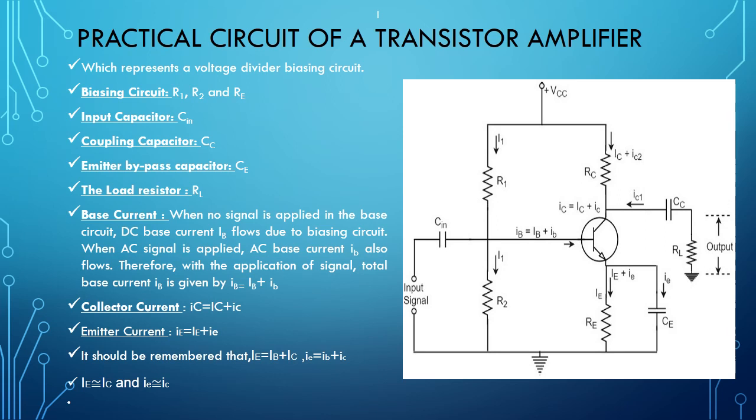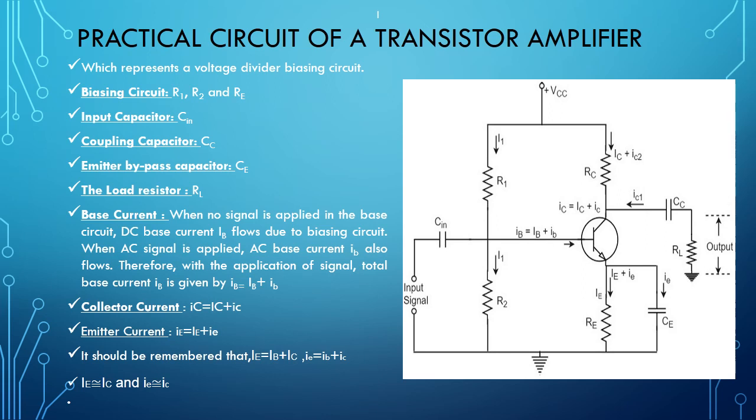And the input capacitor is Cin. This capacitor's main function is to couple the input signal to the base of the transistor. The input capacitor allows AC signals but isolates the signal source from the R2 resistor. When this capacitor is not present, the input signal gets directly applied, which changes the biasing at the R2 resistor.